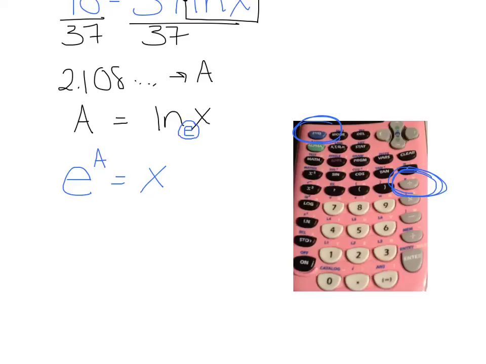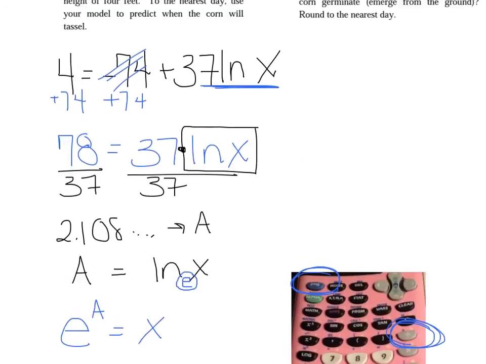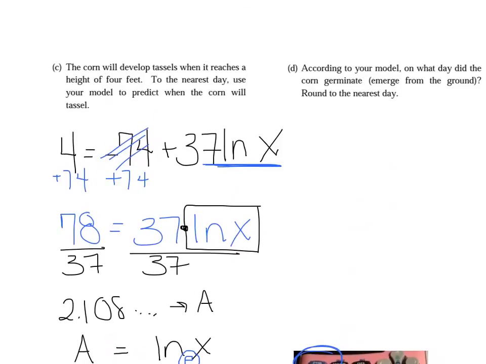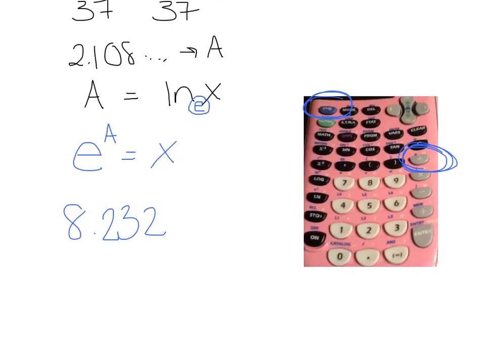So I'm hitting e raised to the alpha A, so again, I'm hitting second e, and I'm getting 8.232. And if I go back and look at that question, it says, to the nearest day, use your model to predict when the corn will tassel. Well, it tassels during the 8th day, so I guess it doesn't actually tassel fully until the 9th day. But it does happen during the 8th day.